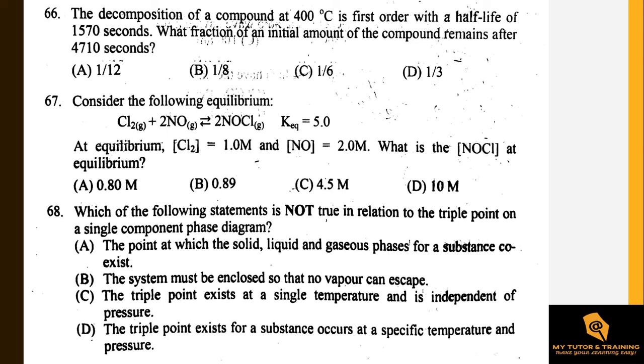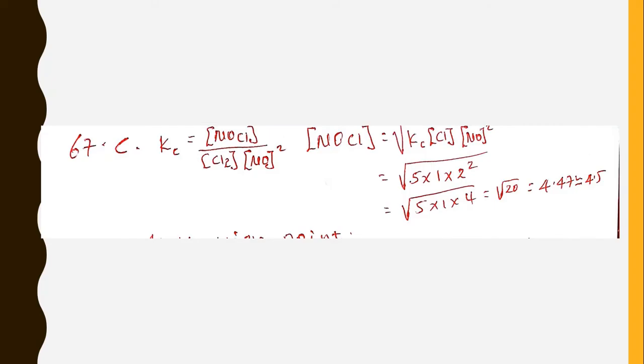But for question number 68, look, choice C. The triple point exists at a single temperature and is independent of pressure. No, it exists at a specific temperature and pressure. So for this question, the incorrect statement is C. C is incorrect because the triple point exists at a single temperature and at a single pressure. But here the statement says independent of pressure. It depends on pressure.